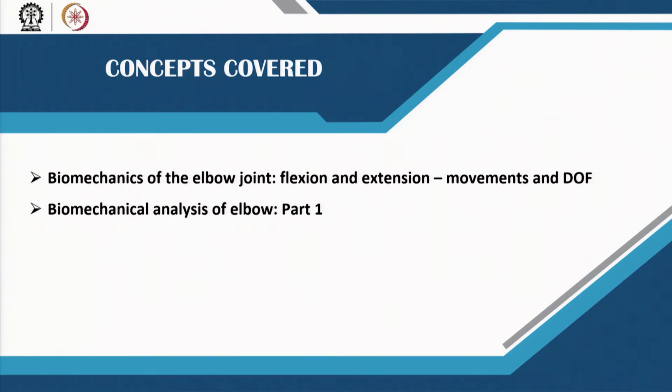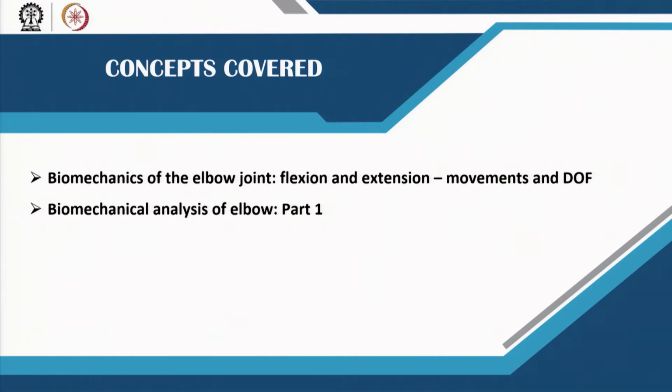And subsequently, we will be discussing a problem on biomechanical analysis of the elbow. Part 1 of the problem will be discussed in this lecture, followed by part 2 of the problem later in a separate presentation.